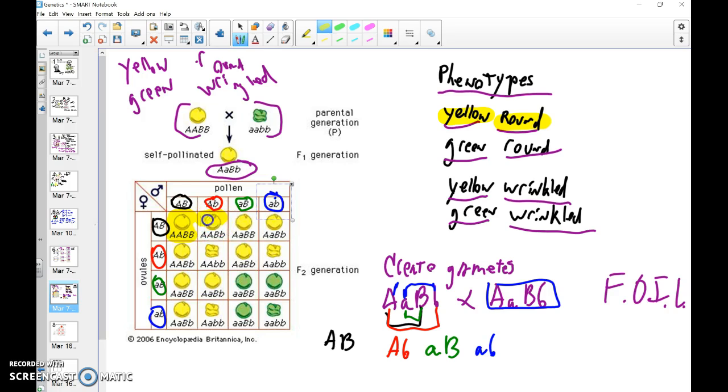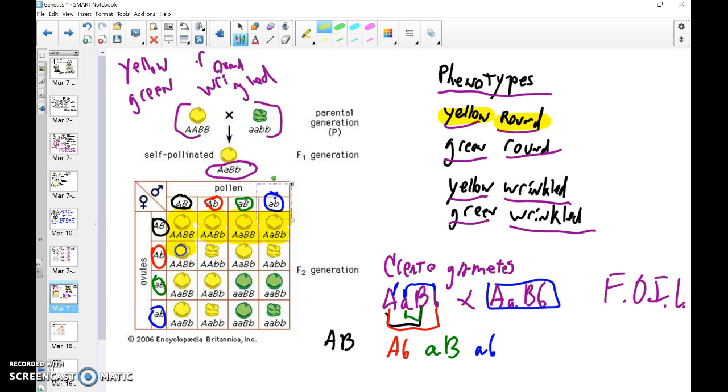Here I have capital A, capital B, lowercase b. That is also yellow and round. Here I have capital A, lowercase a, capital B, again yellow and round. And here I have capital A, lowercase a, capital B, lowercase b, again yellow and round.